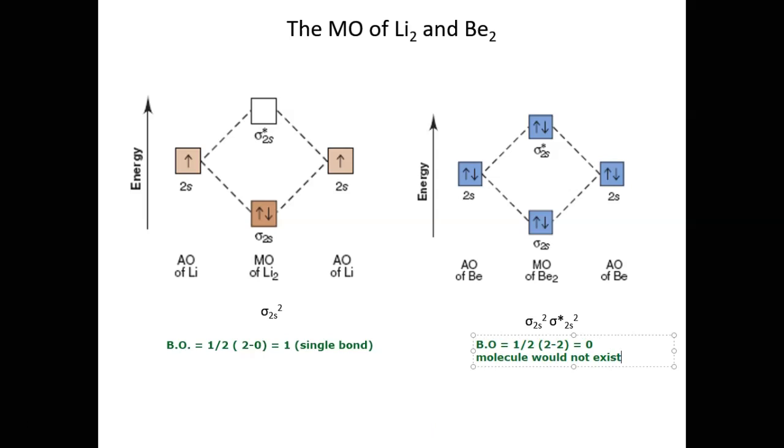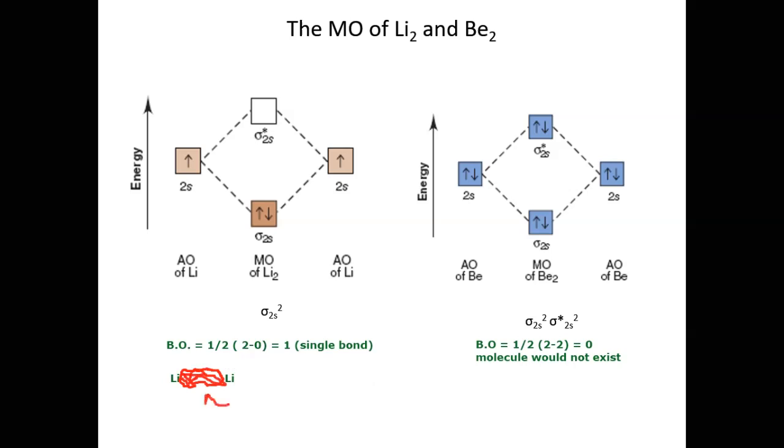And so a sigma bond is called a single bond. So if we have, for example, 2 lithiums, a sigma bond is a lobe of electron density between 2 atoms like this. That is a sigma bond.